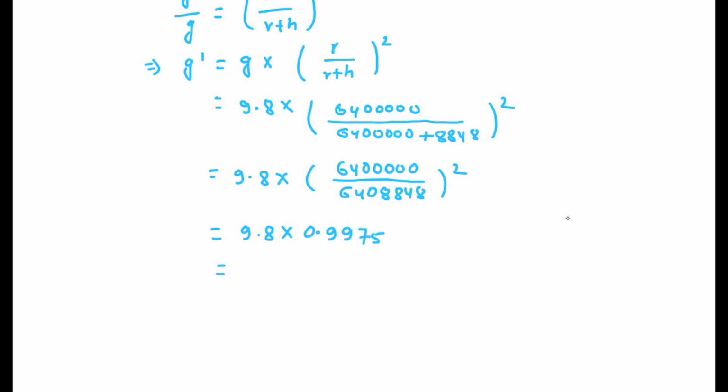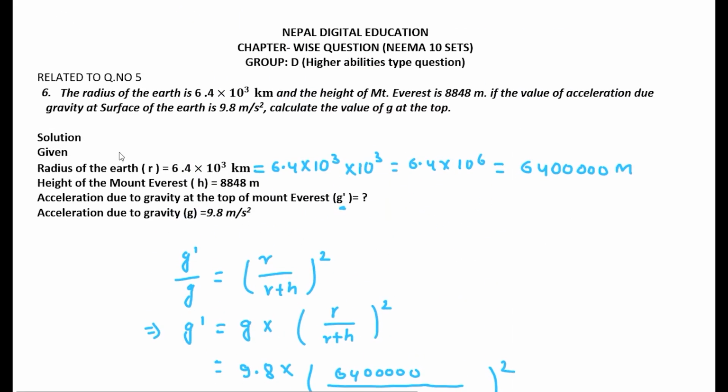So just multiply it and we will get the value 9.77. This is the required value of g dash, and we know that the unit of g is meter per square second. So this is the required value of g dash.